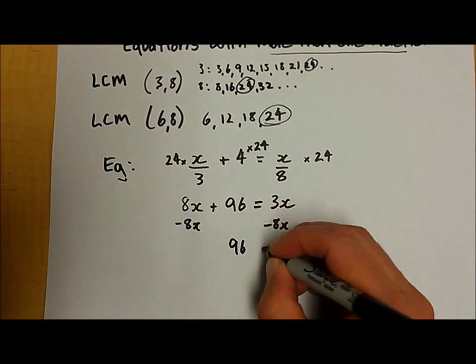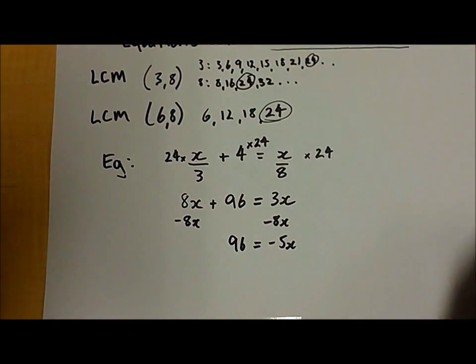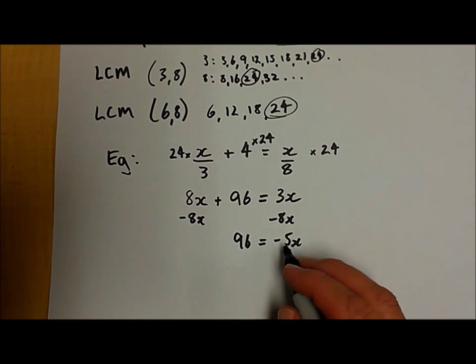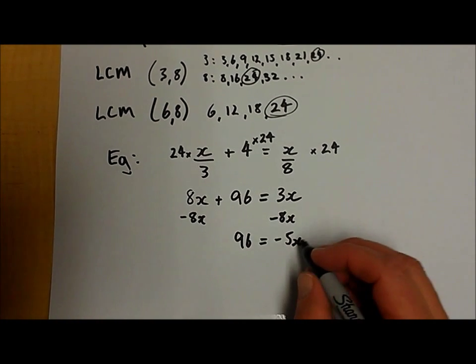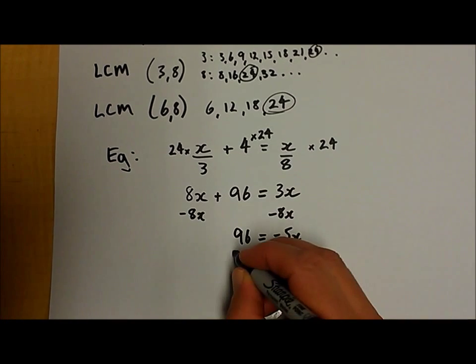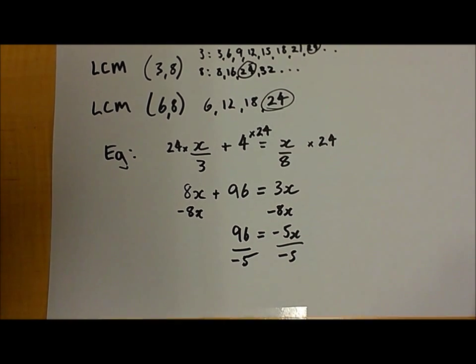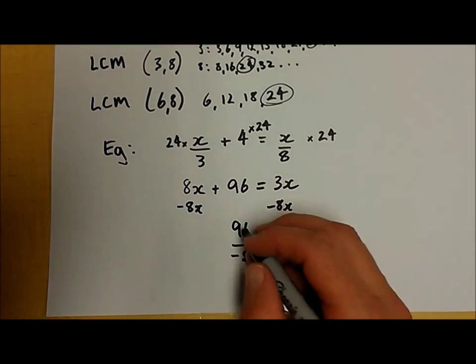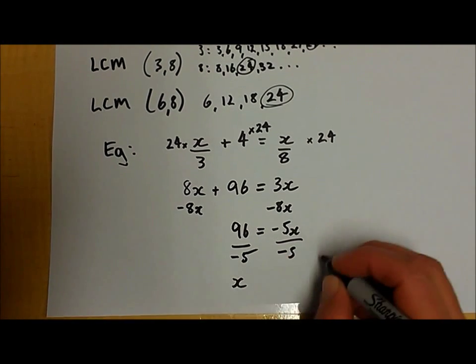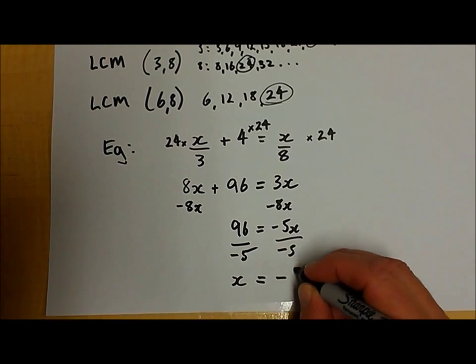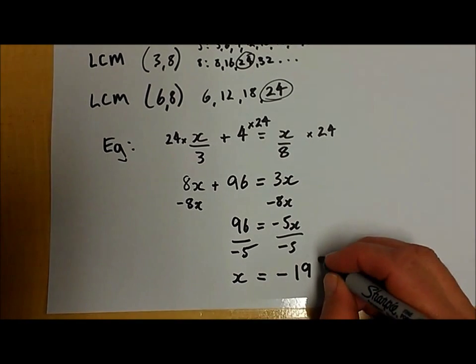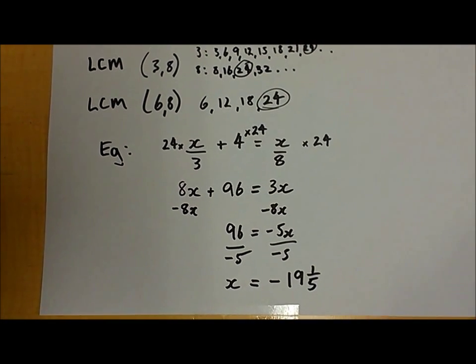I get 96 is equal to negative 5x. Luckily we're not afraid of negatives. We'll just look at that and say it's negative 5 times x. So I'm going to divide by negative 5. When I get that far through it, I'm going to say, well, that goes in there 19 times. So I'm going to reverse it, put x over here. Negative 19 and 1/5 would be my answer.